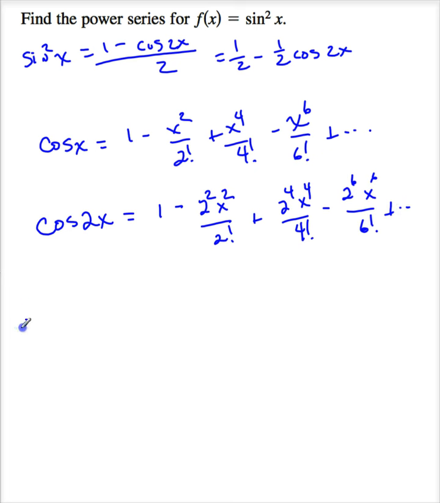So I'm going to take this and put it into sine squared of x. Well, it's 1/2 minus 1/2 times this expansion. Let me go on and leave it this way. I know this is tedious. You can go and multiply it out.